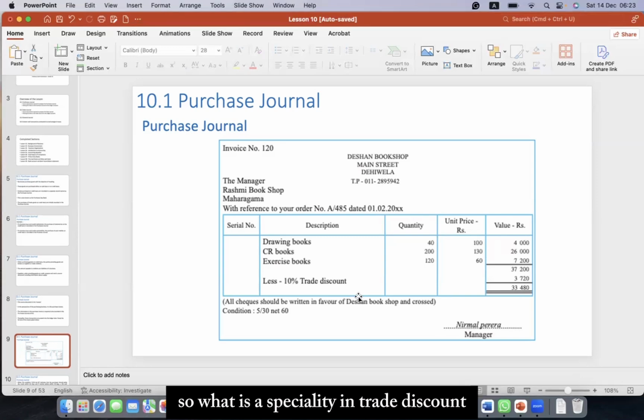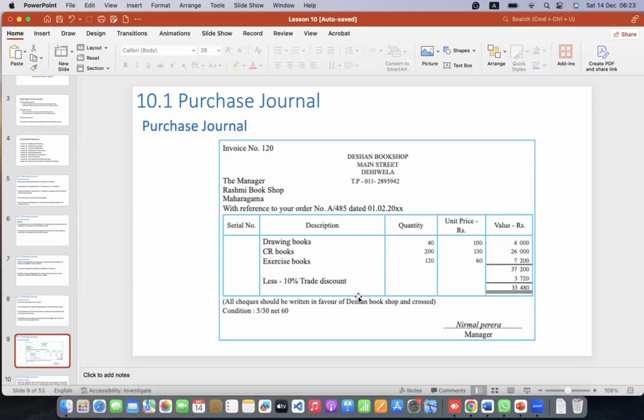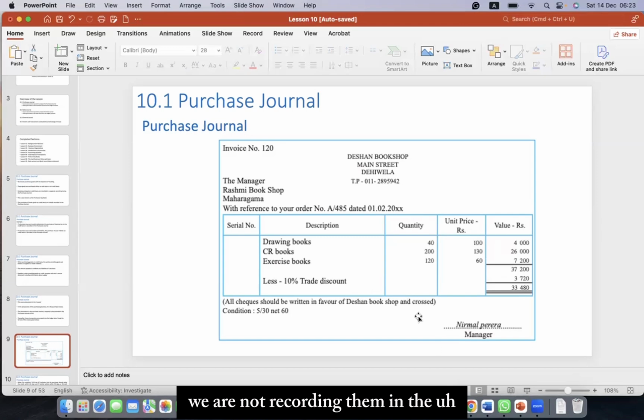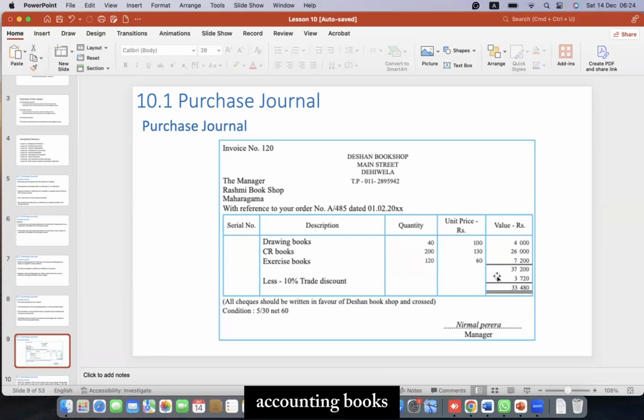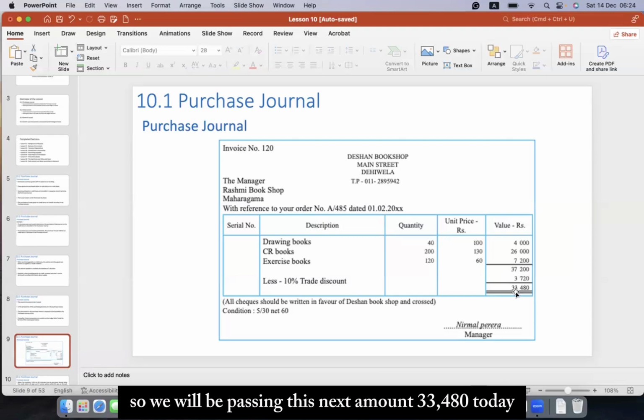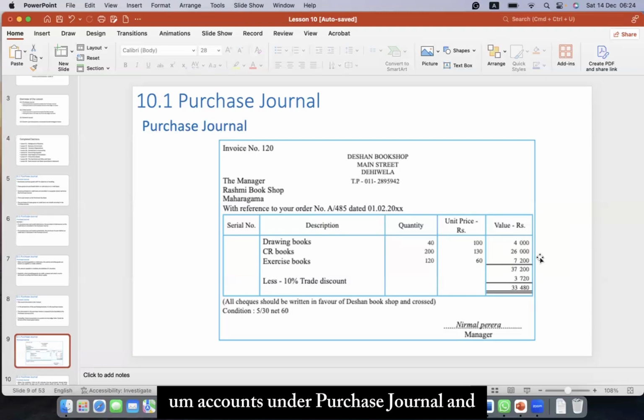What is the specialty of trade discounts? Trade discount is not recorded in our accounting books. So we will pass this net amount, 33,480, to the accounts and the purchase journal.